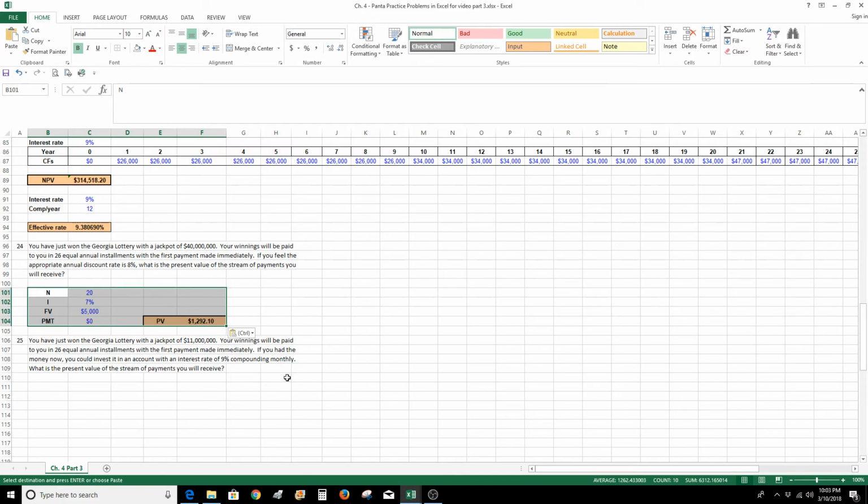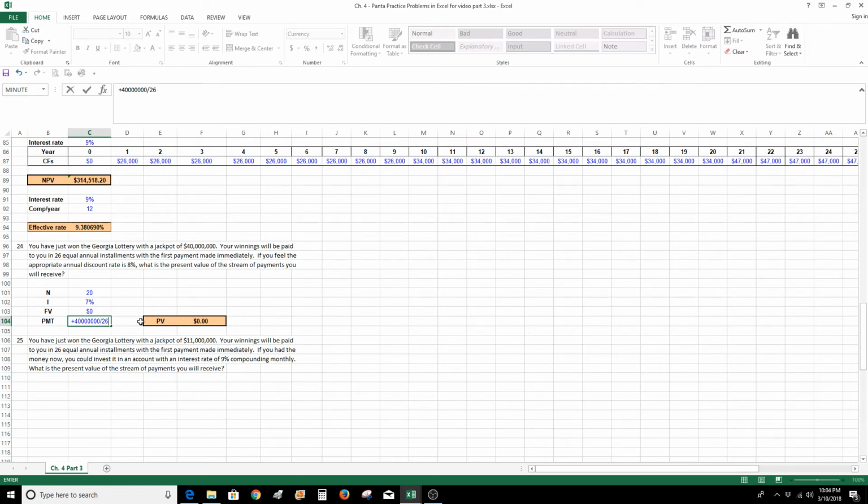Paste that here. Okay, your jackpot is $40 million. Your winnings will be paid to you in 26 equal annual installments. So we're going to look at the 40 million divided by 26. That's going to be your payment.